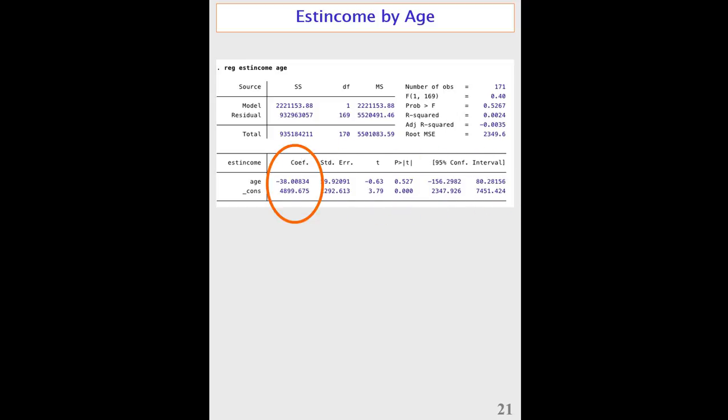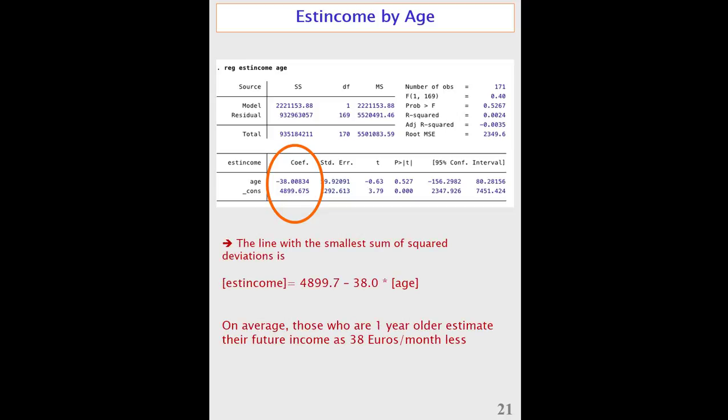Same spot for the numbers once again. And the line is about 5,000 minus 38 times age. So if you're a year older, then on average you estimate 38 euros per month less, apparently. That's what we find in our data.